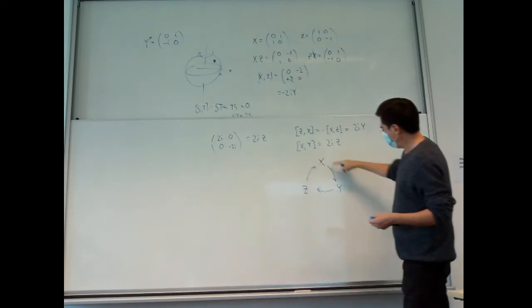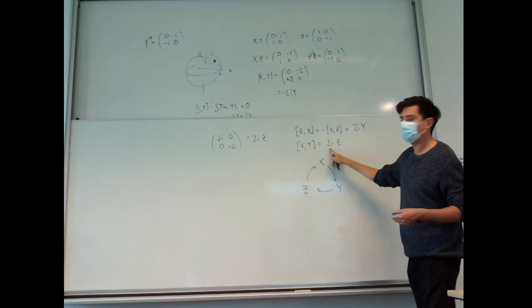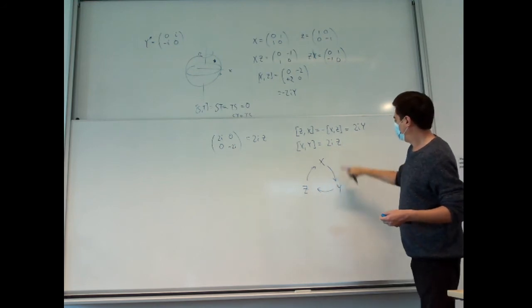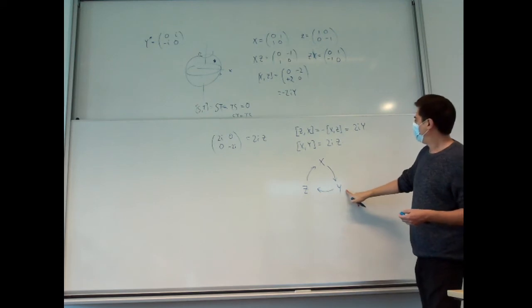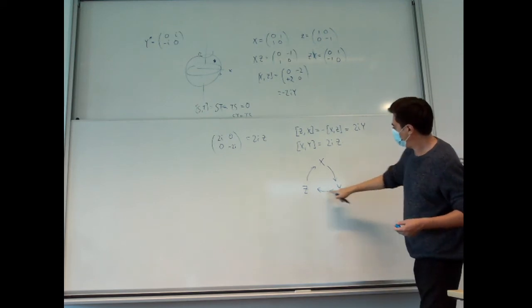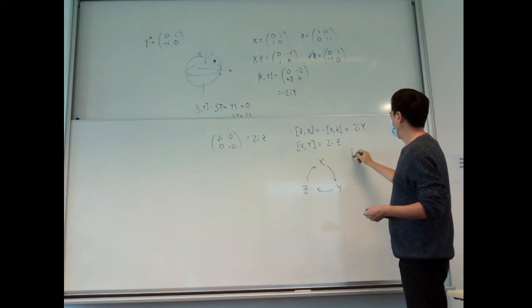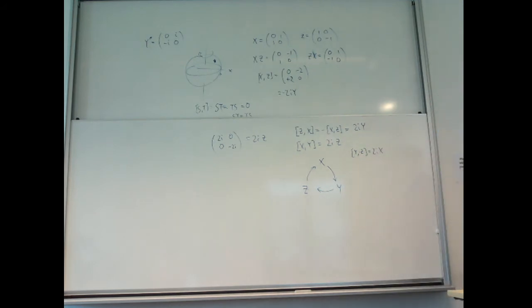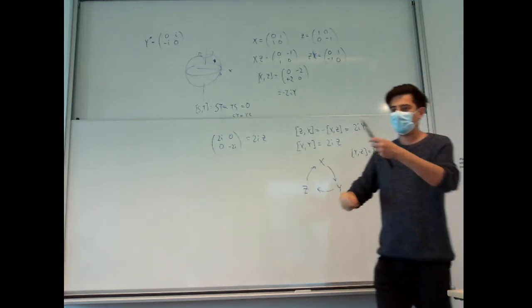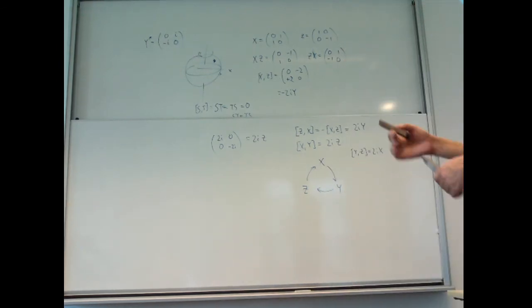If you do x commutator with y, it's z with 2i. z commutator with x gives y, and so y commutator with z gives 2ix. So they have this kind of cyclic property. Okay.